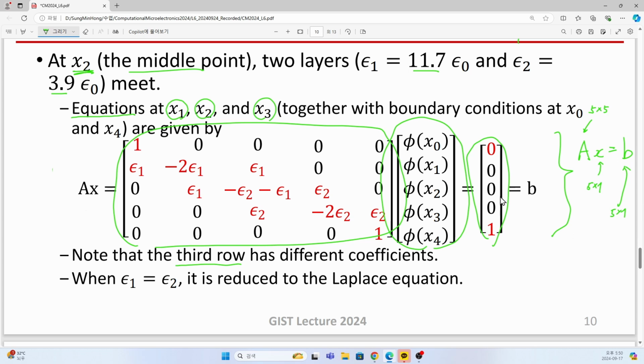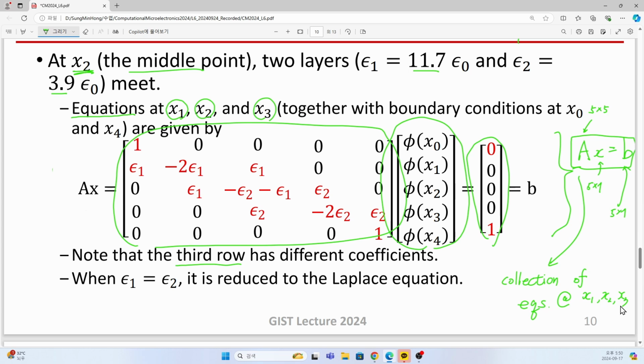So now we have this form, and this form can be regarded as a collection of equations evaluated at x1, x2, and x3.